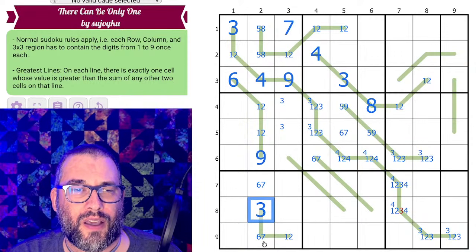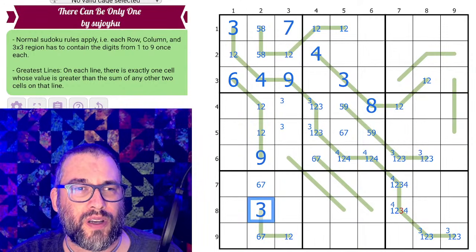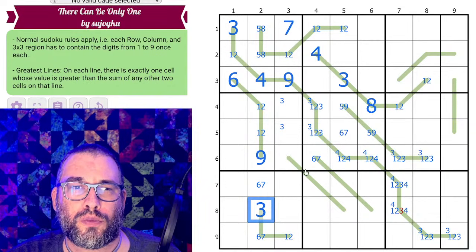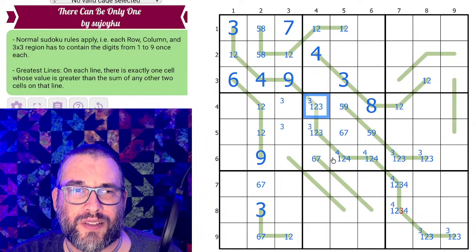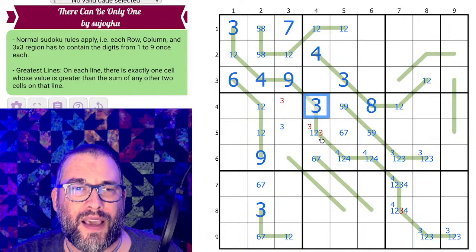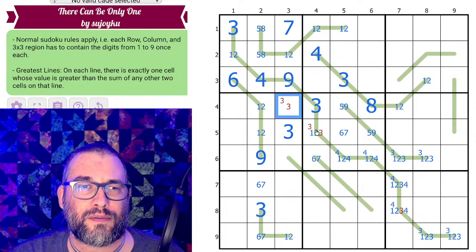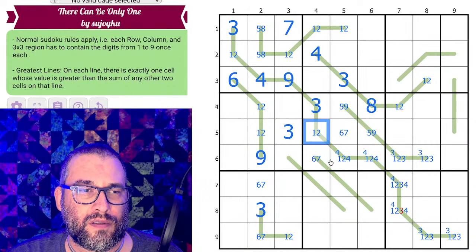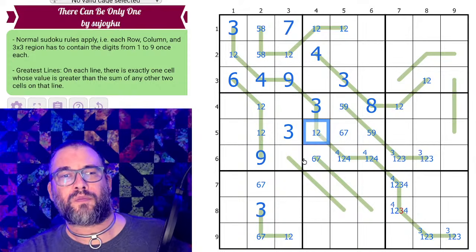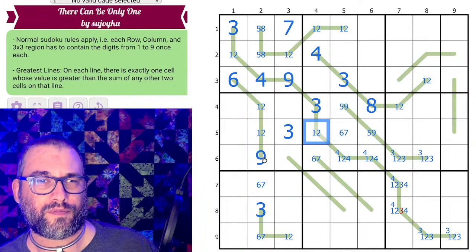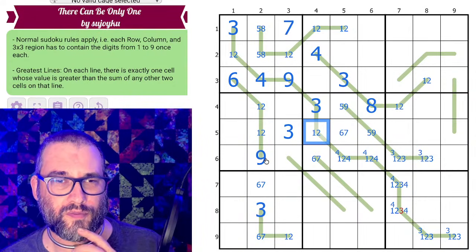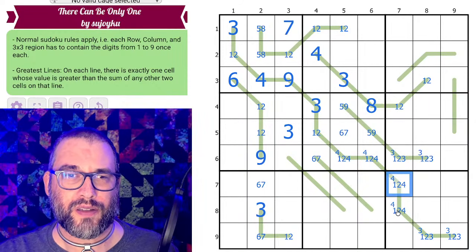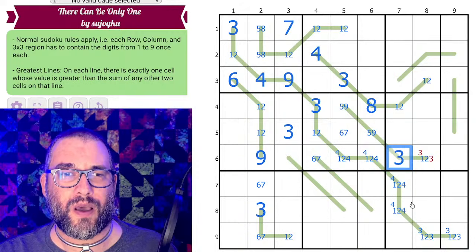So I think this is what people were trying to get me to do. This just has to... We've got a 1, 2 pair. That's our 3. That's a 3. Let's see. No. Oh, well, we knew there wasn't a 3 here. So where's 3 in this column? It's here.